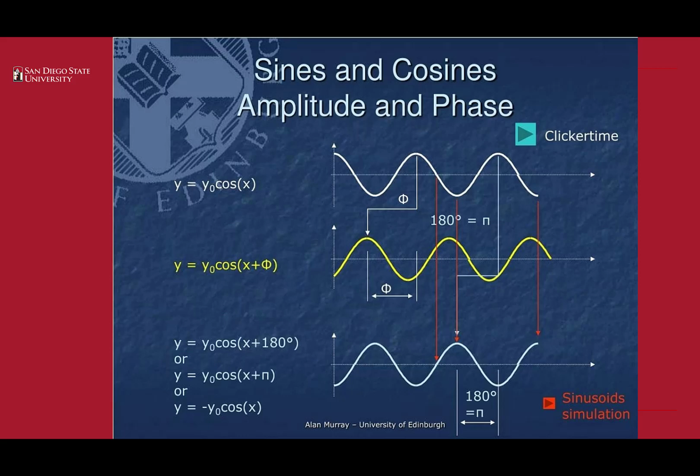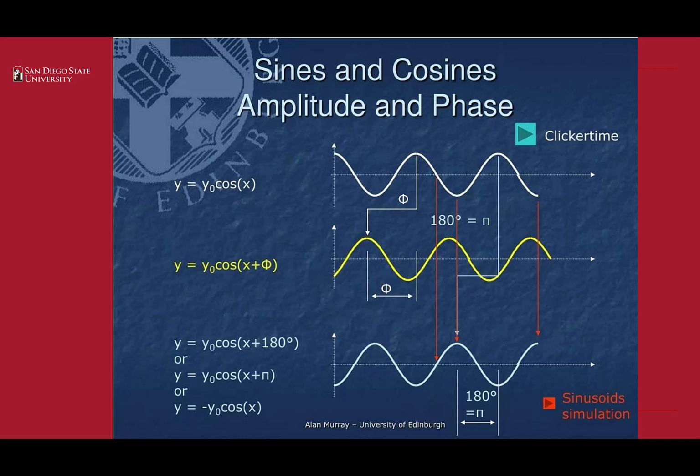And this is why y0 cosine (x plus pi) equals negative y0 cosine x. This can be proven using the trigonometric function identities, and it can also be proven using the signal representations, as you can see here. The phase shift between one peak and one dip is 180 degrees, which is called pi.